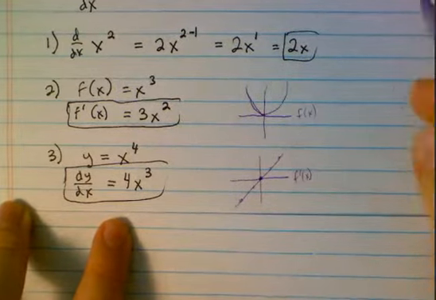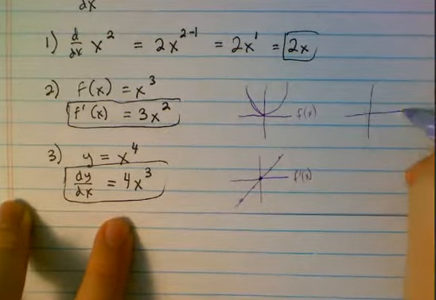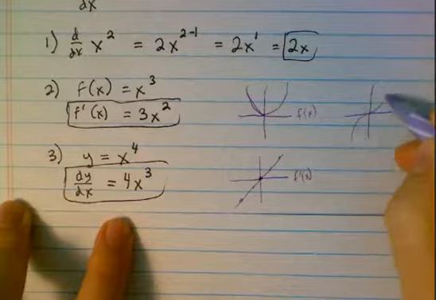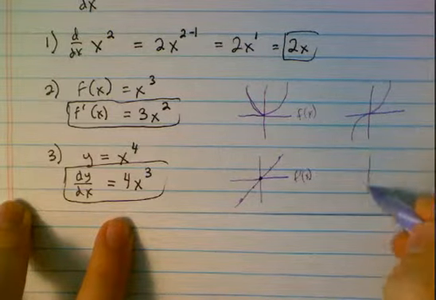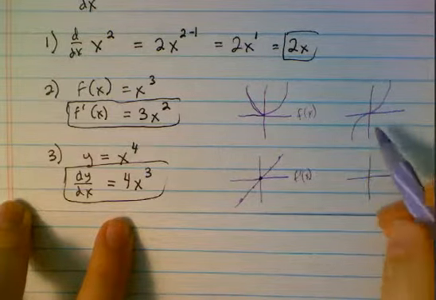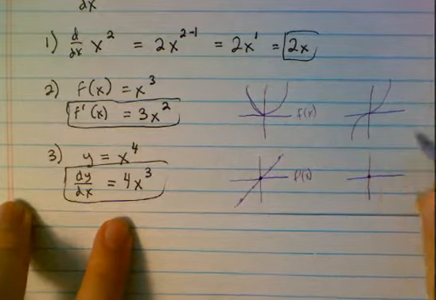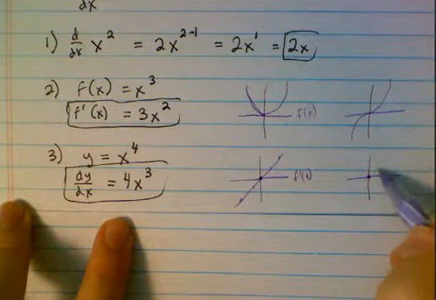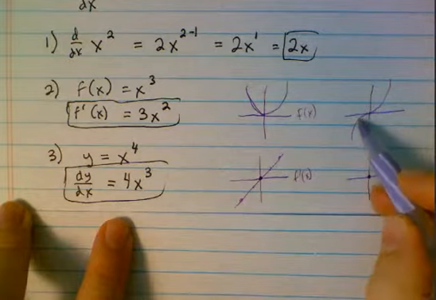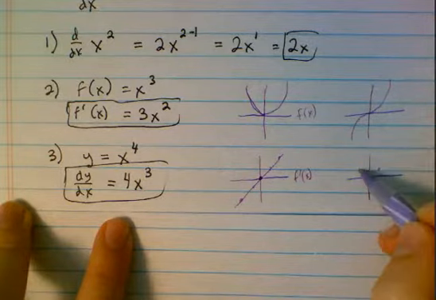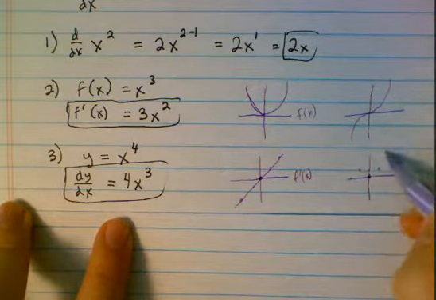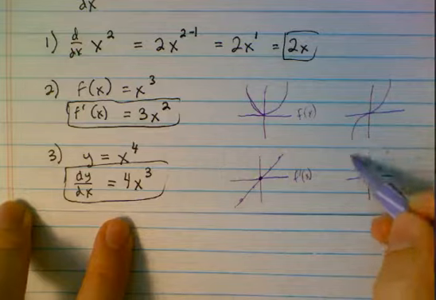Likewise with something over here, if we started off with x to the third and we're finding the derivative, right here the slope is 0, here it's a little bit positive, here it's about the same amount of positive, here it's really positive.